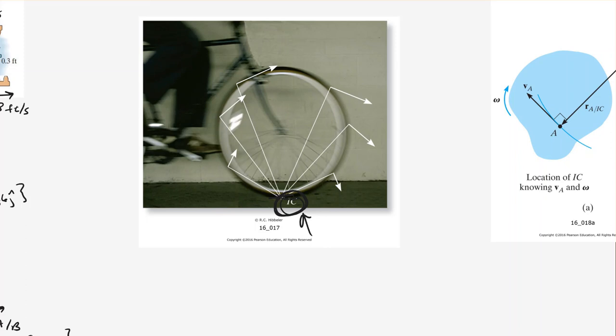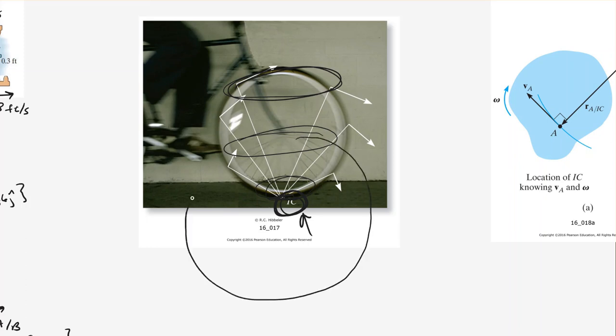So just for that instant, that point at the bottom of the wheel is static. It's just staying right there, and the rest of the wheel is spinning around it. You can see how it blurs more up here, and becomes a little bit clearer here, and then it becomes the clearest here. So you can kind of imagine it's almost like the wheel is trying to spin around that pivot point.